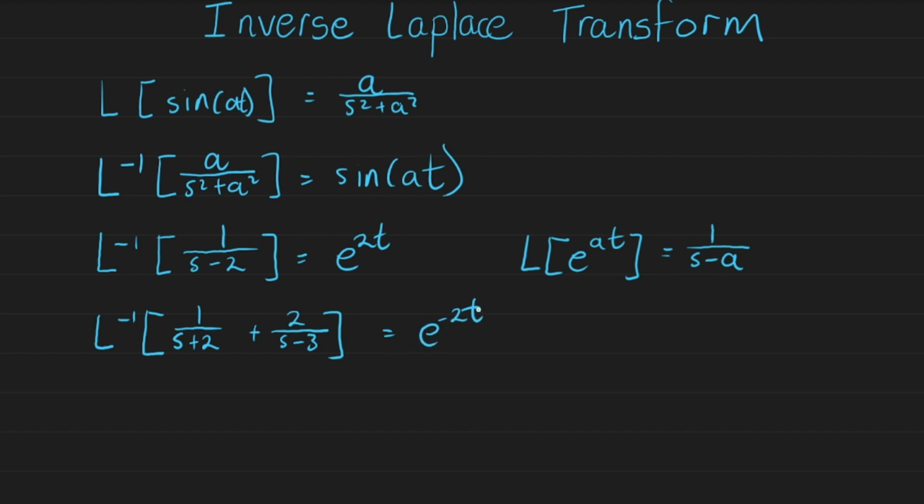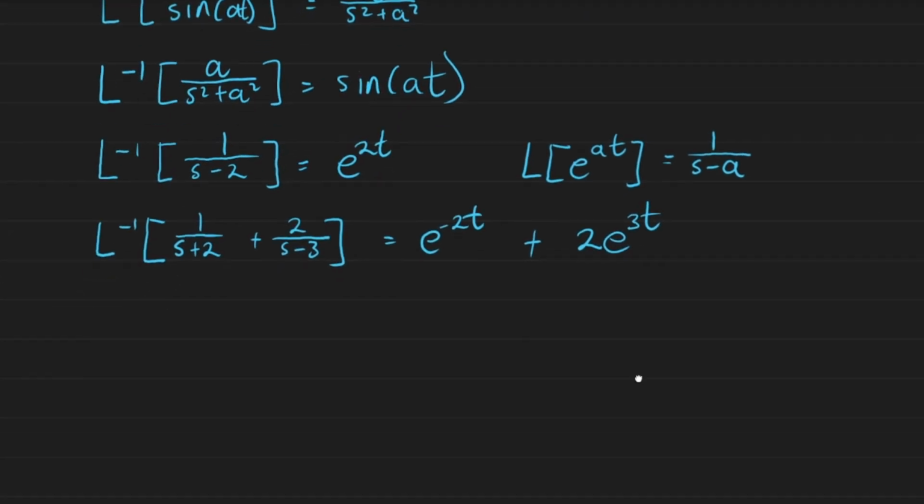In this case here, the a is minus 2. And it would be plus 2 because of this 2 here on the top. Then e to the power 3t. So of course, this means the Laplace transform of e to the minus 2t is 1 over s plus 2, inverse.